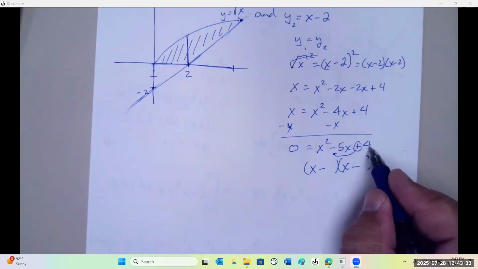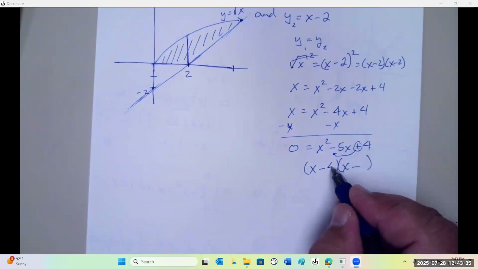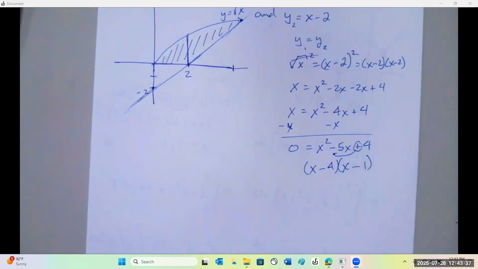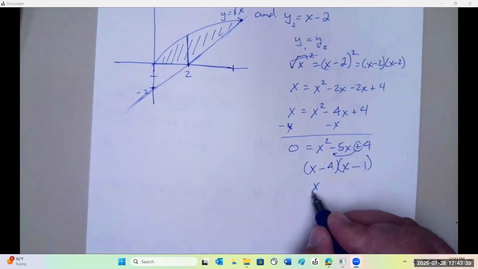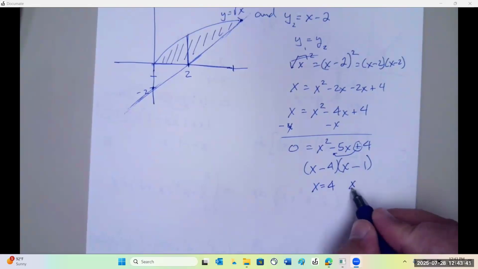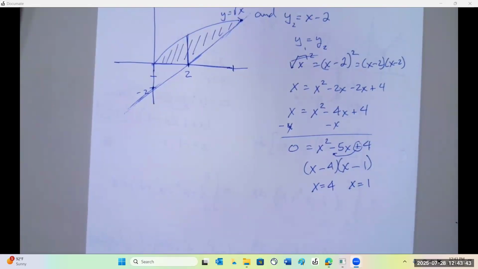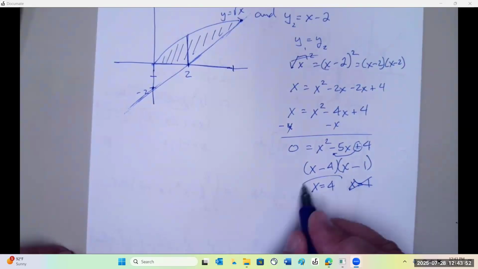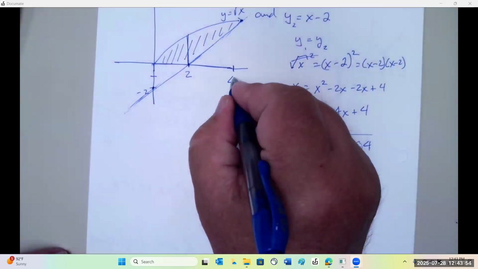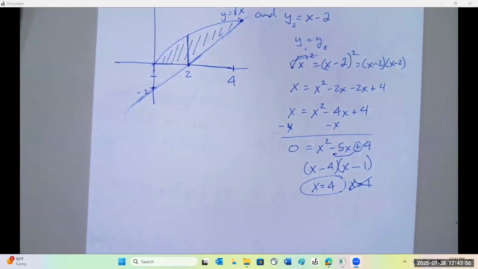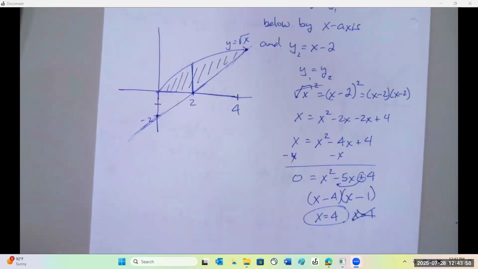What times what is 4, and when you add them, you get 5? 4 and 1. So x equals 4 and x equals 1. Gotta be 4. So now we have everything we need.